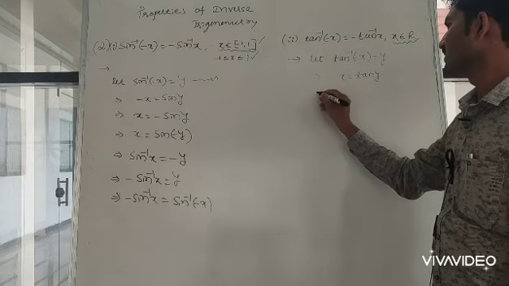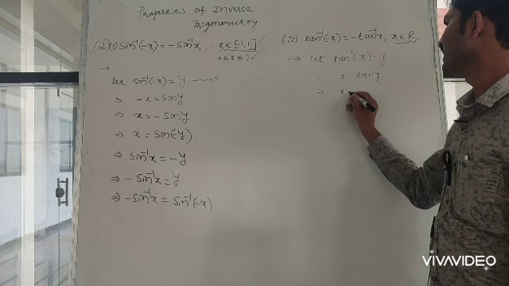That's why, multiplying by minus sign on both sides, x is equal to minus tan y, which implies x is equal to, if I take it inside, tan of minus y. Take tan to the left hand side.